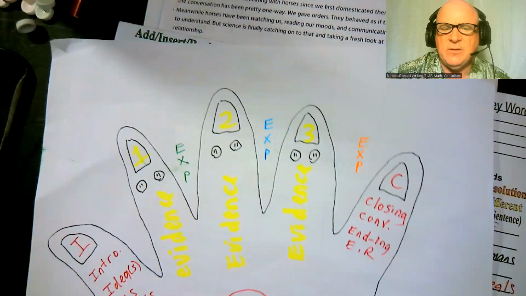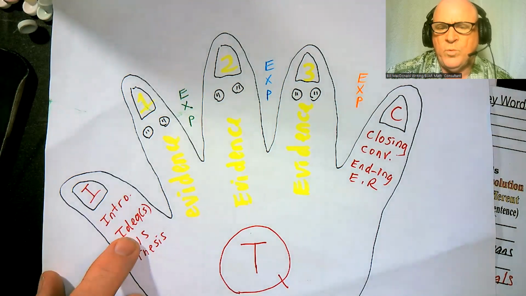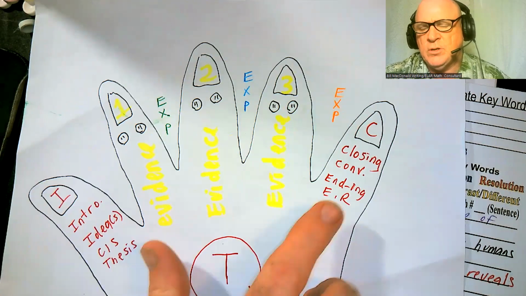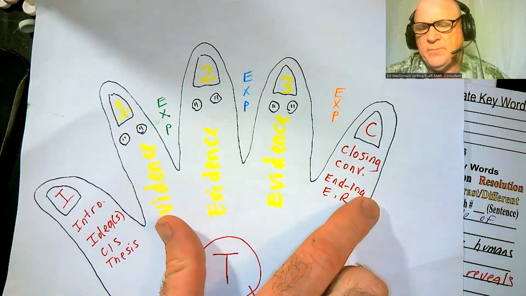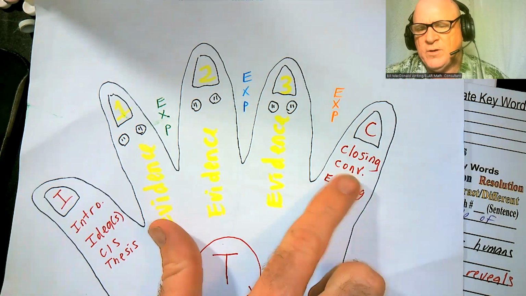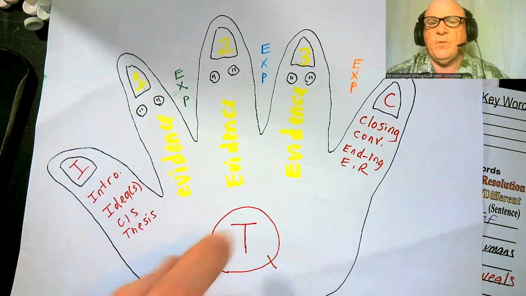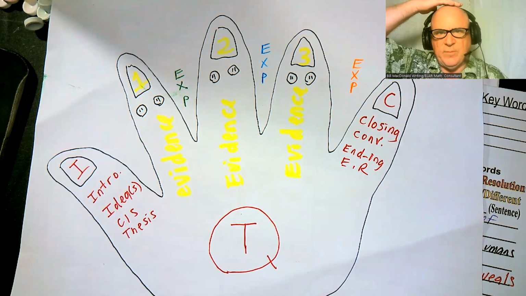An essay has to have an introduction, which we'll use as the thumb, and a conclusion, a closing, which we'll use as the pinky. We also have to have somewhat decent conventions, editing, revising. In the center, we have a T, which will stand for the topic.